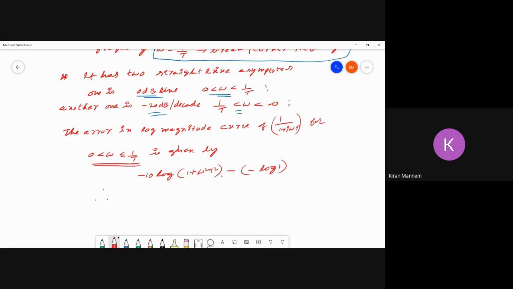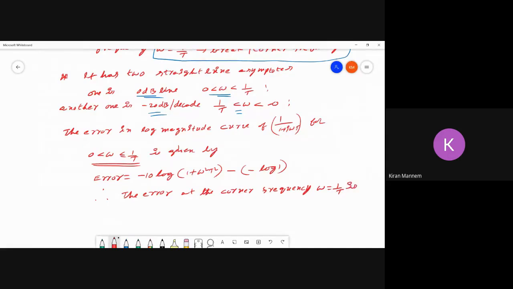Therefore, first I'll find the error at the corner frequency. You can say this is your error. I want to find this error depending on your t value, omega value. So first let us find out the error at the corner frequency, that is when omega equal to 1 by t.